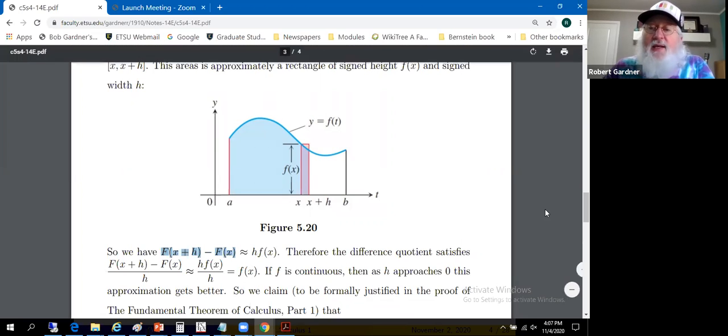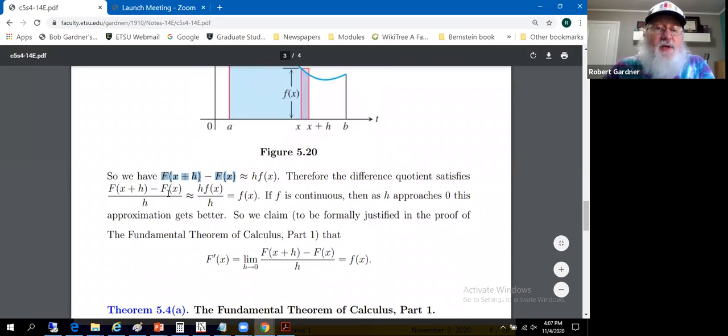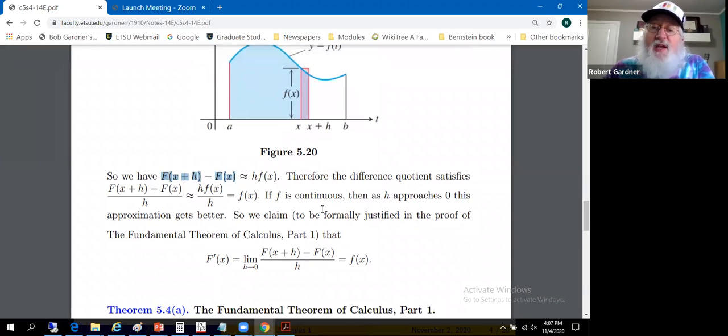So what we're getting then is that the difference quotient approximately equals f of x. If f is continuous, then as h approaches 0, this approximation gets better and better. So for small h values, this is good. Certainly for big h values, it's not a very good approximation at all. We want to take a limit as h approaches 0, of course.